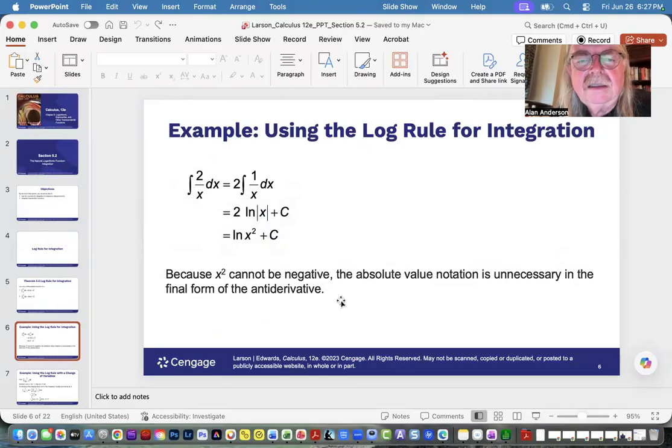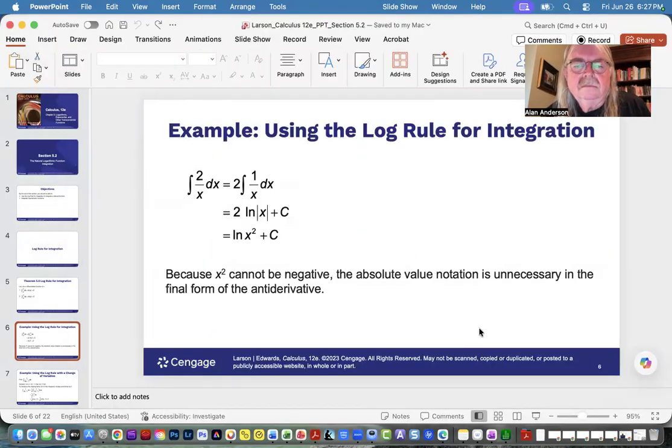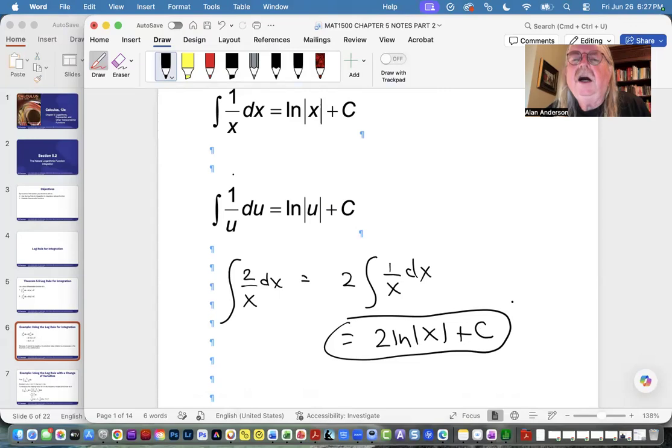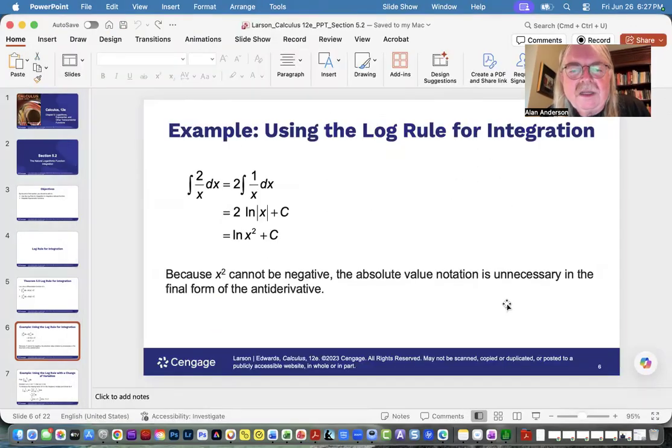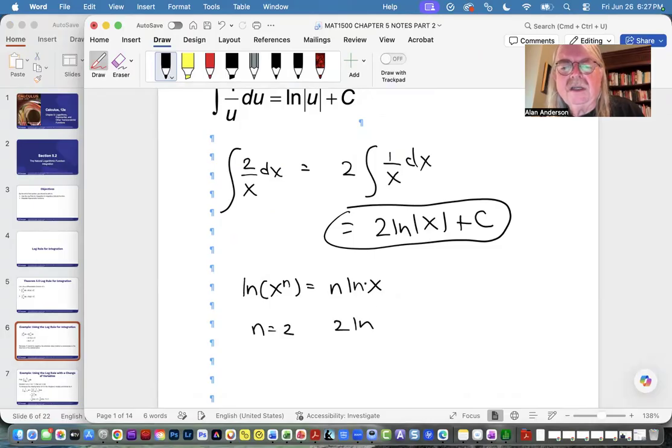Great. Okay, oh, I see what they did. For a second there, I wasn't sure where they got that x squared from. What they're doing is they're reminding us that if you have log x to the n, it becomes n log x. So what happened here was we have 2 log absolute x, which is therefore log absolute x squared.